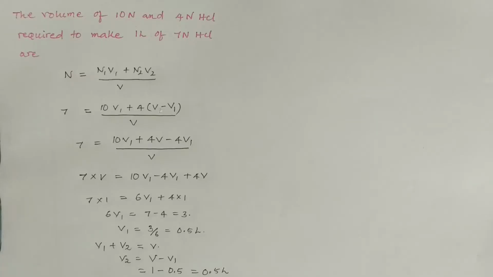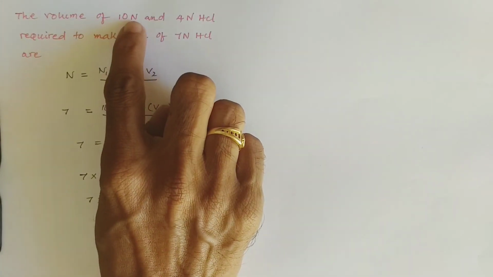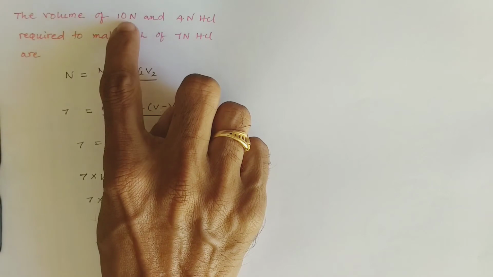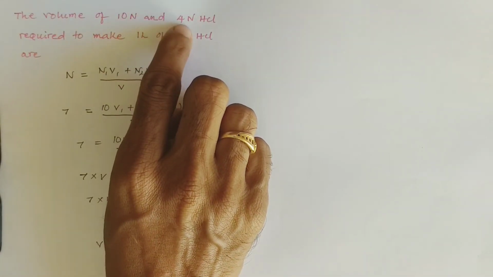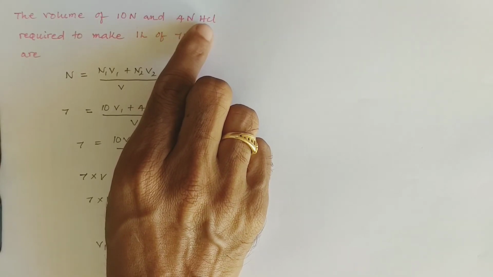Next problem, the volume of 10 normal and 4 normal HCl required to make 1 liter of 7 normal HCl. So here a mixture is obtained by mixing two different solutions of HCl with different concentrations, 10 normal and 4 normal, but the solute is the same, that is HCl, right?